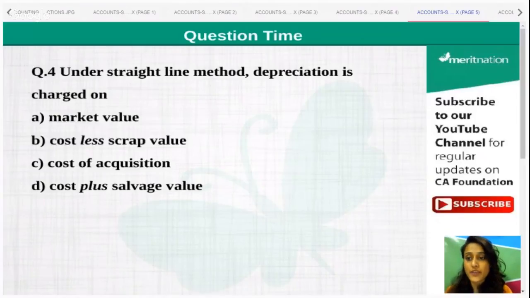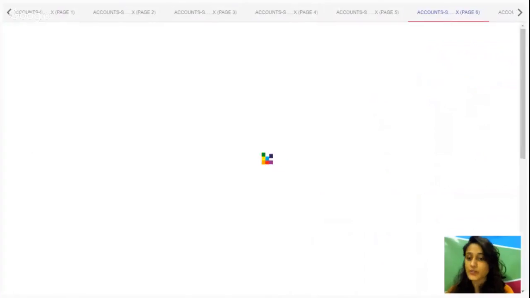This is the right answer. Shubham, is this clear? Is this clear to everybody? Because scrap value is something you realize at the end of the service life of the asset, that is why you subtract it from the cost while calculating the depreciation. I'm taking you to the next question.